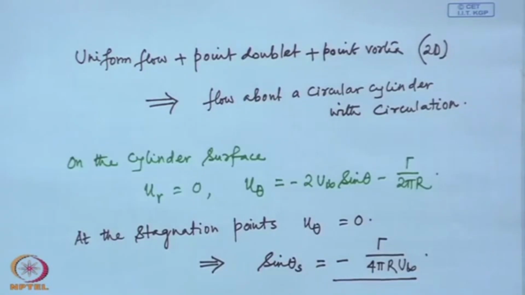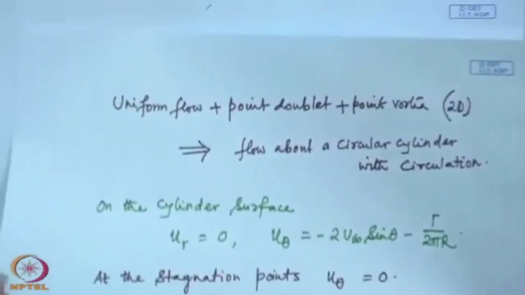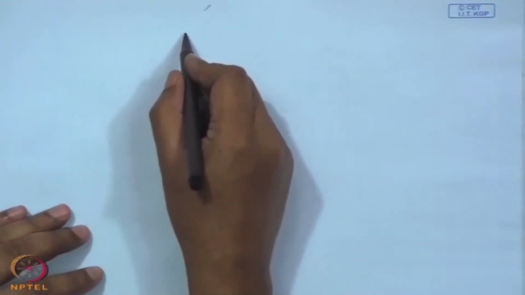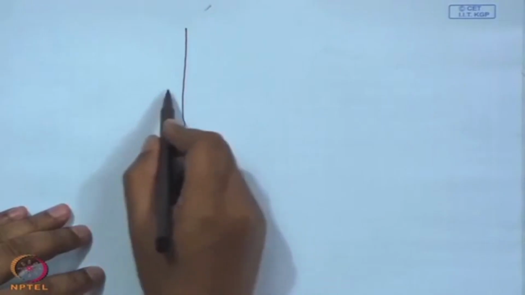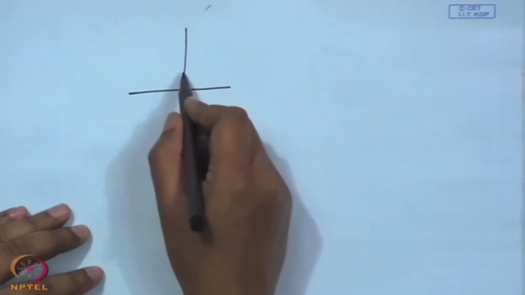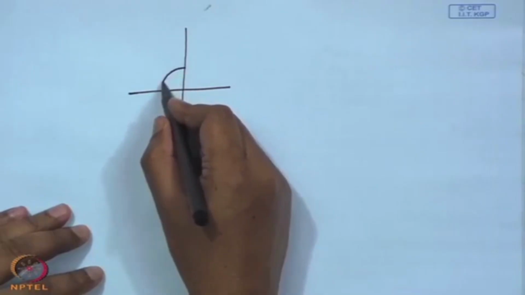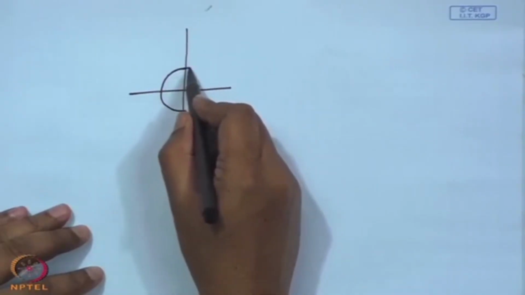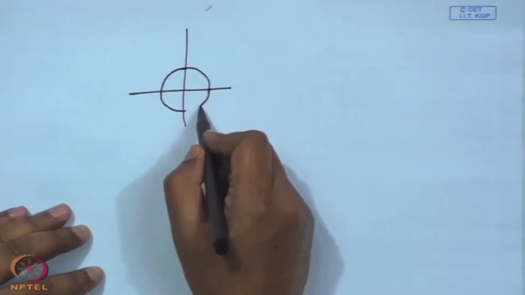So, where will these stagnation points be? Third and fourth quadrant.